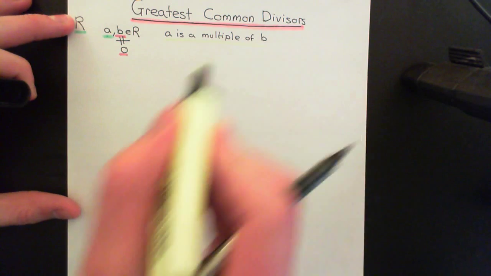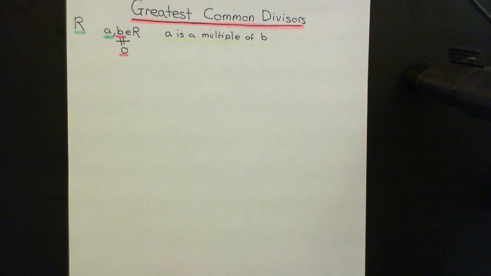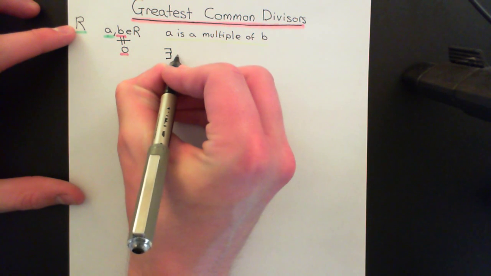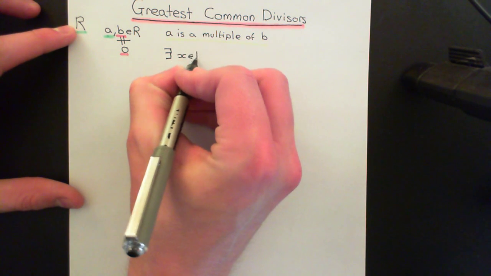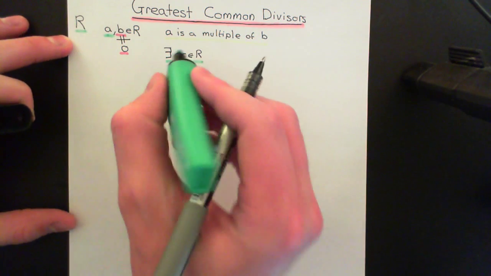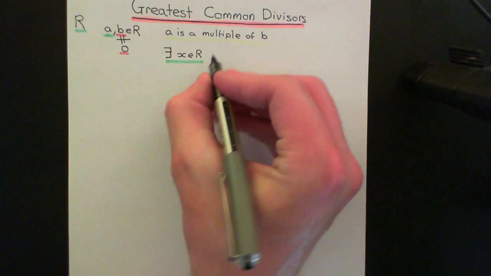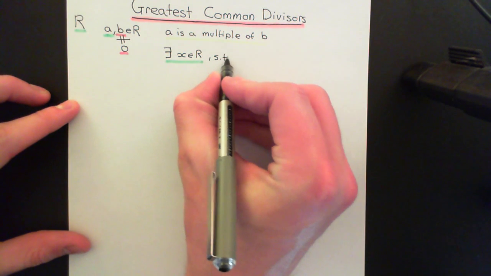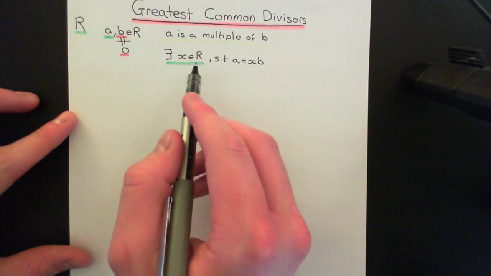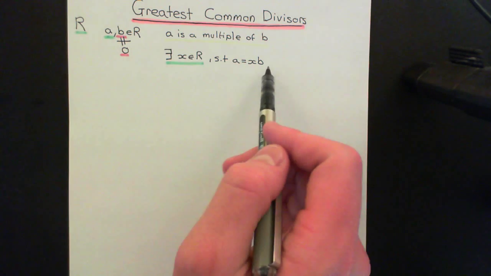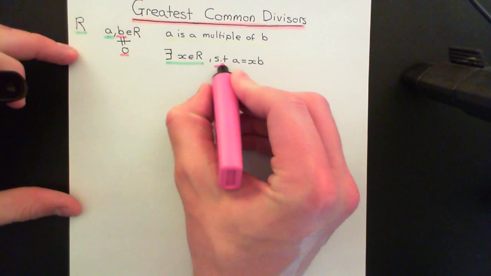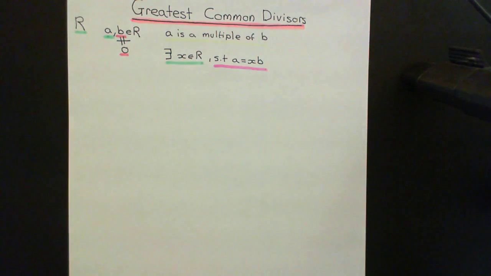If you say that A is a multiple of B, it means that there exists some other element, which we'll call little x, an element of the commutative ring, such that if I multiply little x with B, it gives me A. So such that A is equal to x times B. There must be some element within your commutative ring which you can multiply with B to give you A. That's what it means to say that A is a multiple of B.